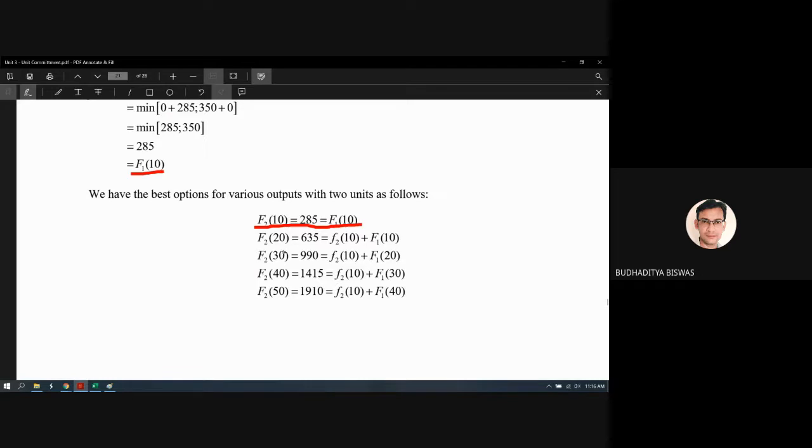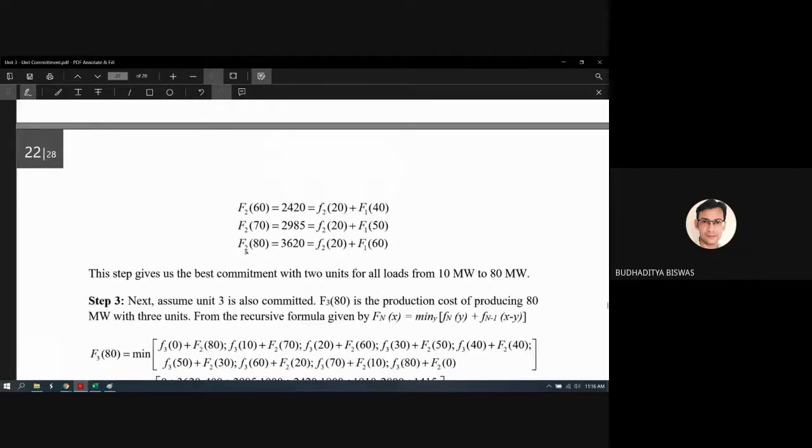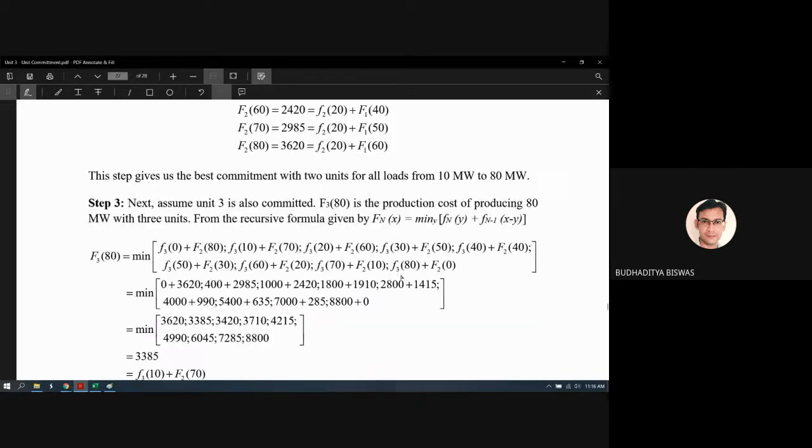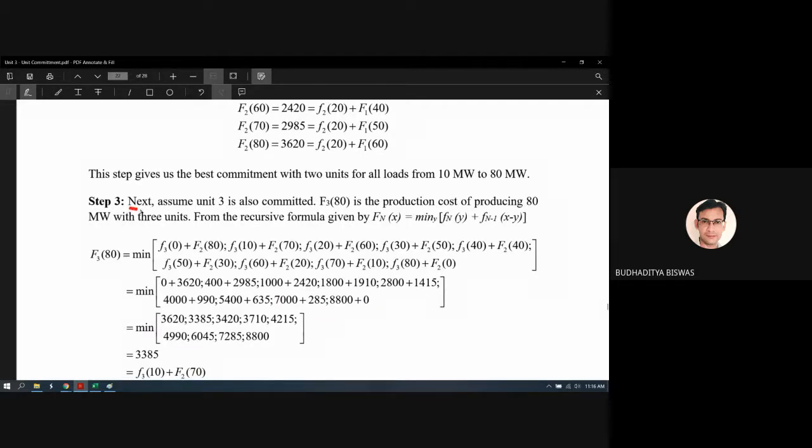Then F220 is equal to 635, and the condition is F210 and F110. Similarly, all the conditions are written here. So these steps give us the best commitment with 2 units for all the loads from 10 megawatt to 80 megawatt. Now, next step. Next, assume unit 3 is also committed.